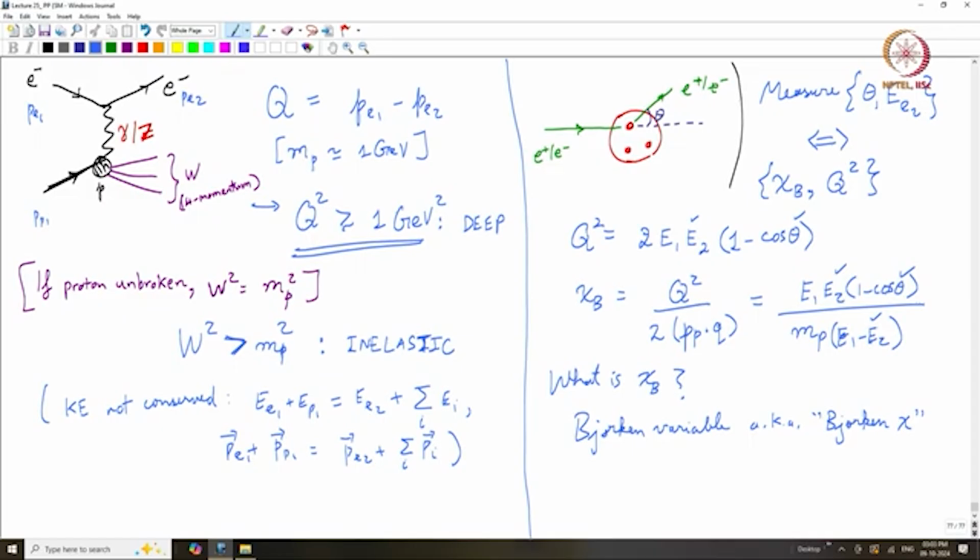This is basically one of the most important things, if not the most important variable, constructed specifically in the context of deep inelastic scattering. So, what does it mean? I am going to heuristically say that it is the fraction of the proton's momentum carried by the struck parton.